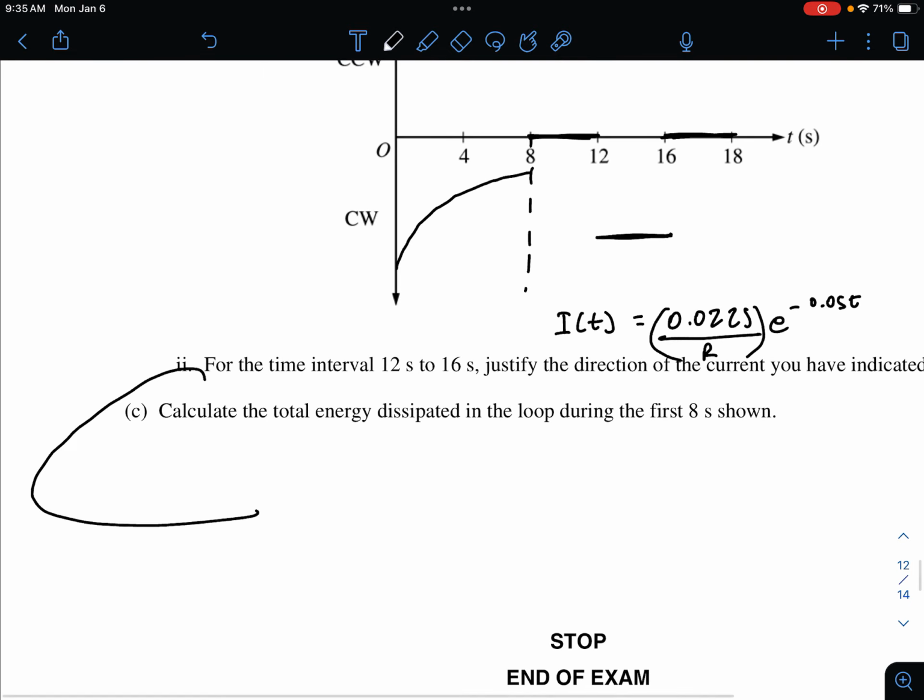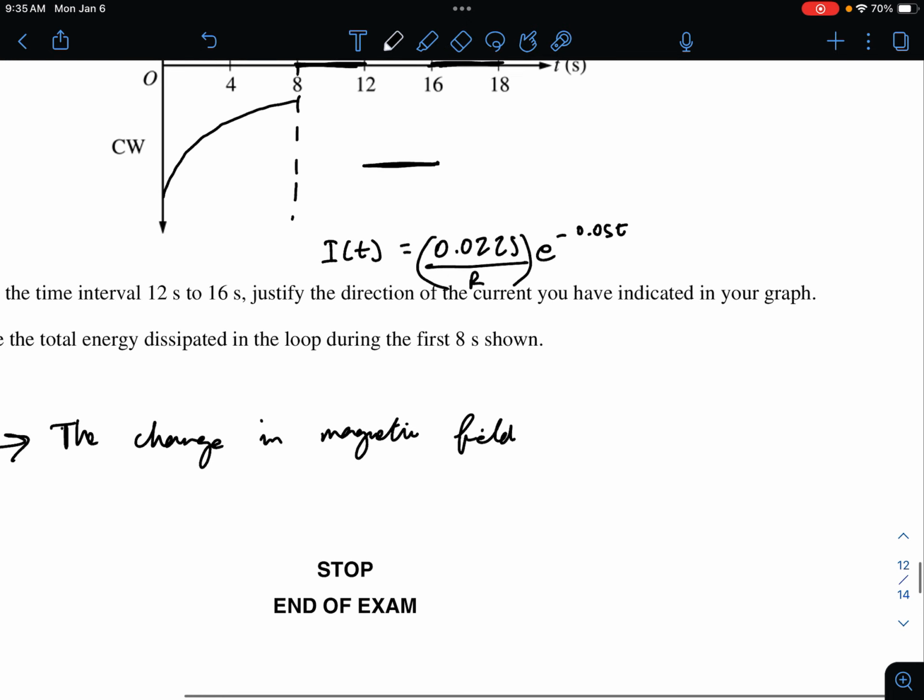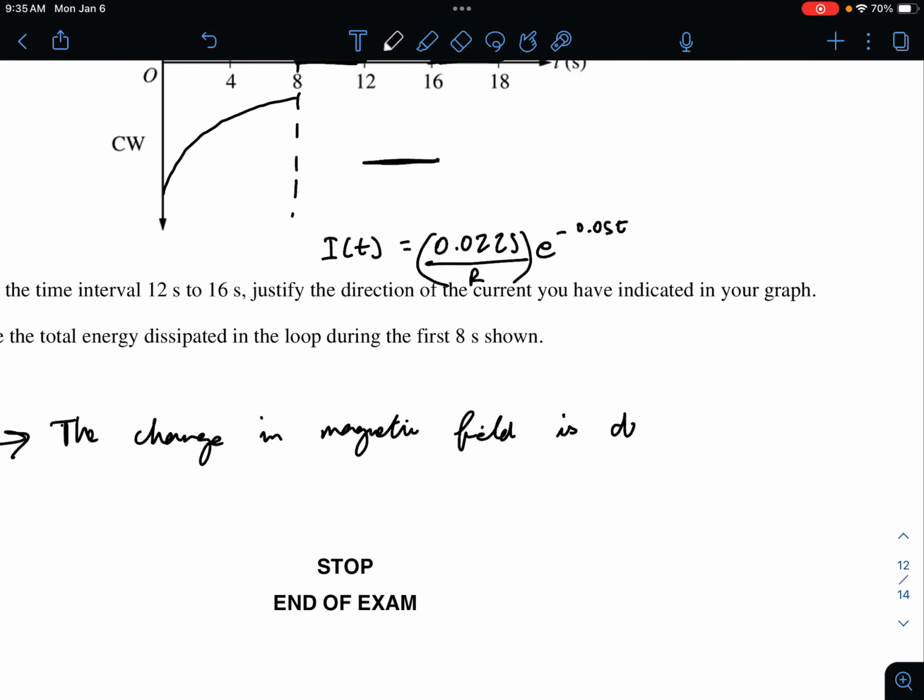So what I would say is the change in magnetic field is decreasing whilst directed into the page.